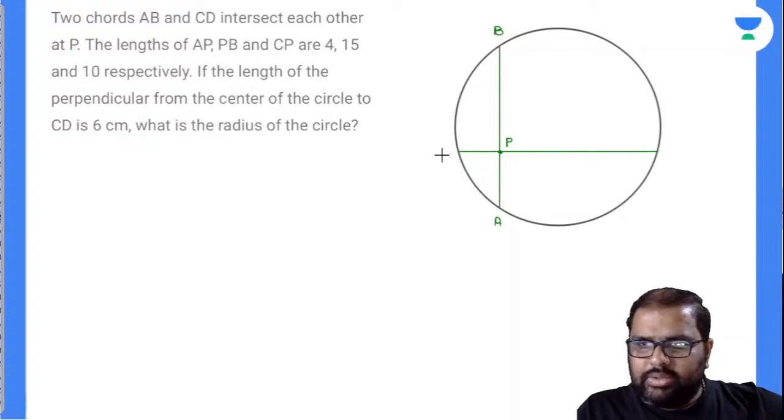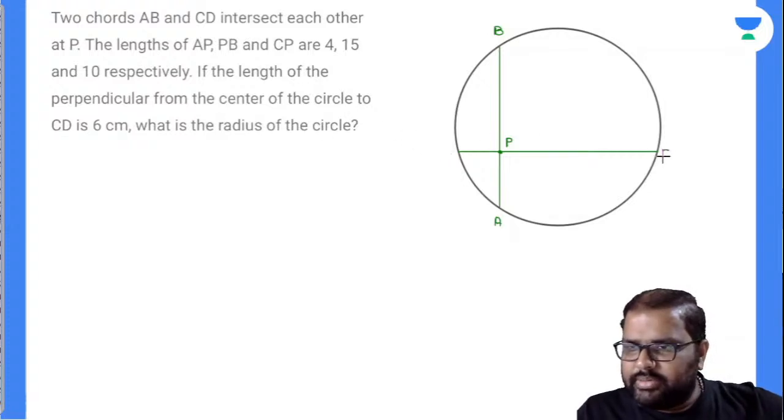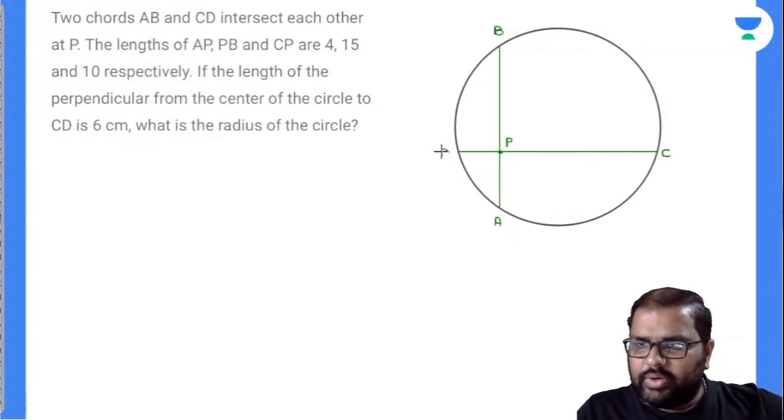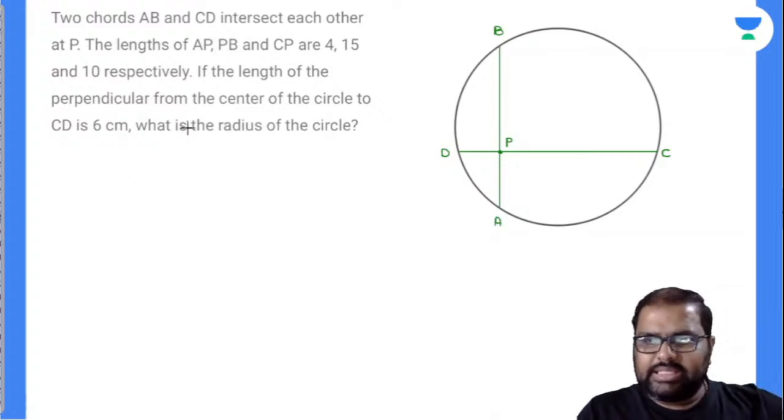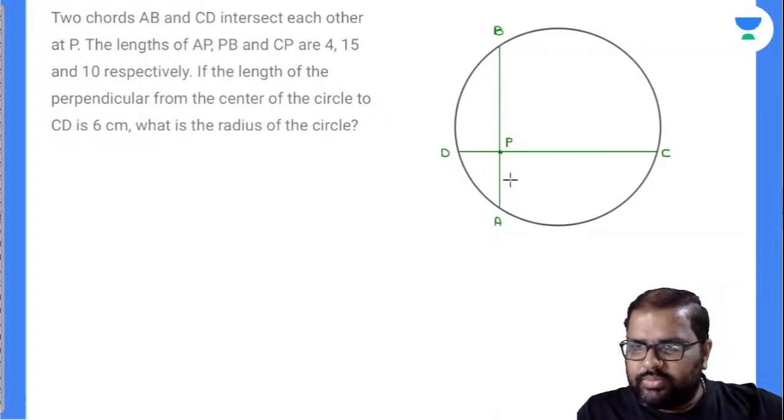Now I will mark CP. C is this one, and take D here. Now the values given are AP is 4, PB is 15, and CP is 10.